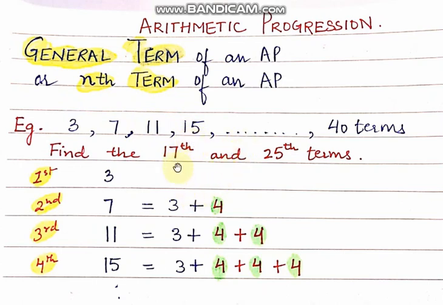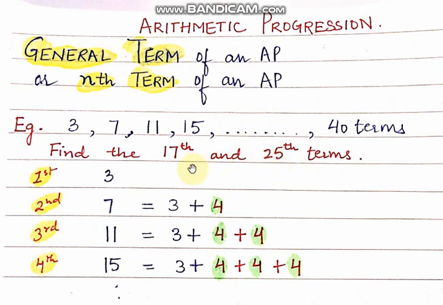If I ask you to find the 17th and 25th term, you will just take a couple of minutes and give me the answer, because you will keep on adding 4 to the succeeding terms, and in some time you will reach the 17th and 25th term. So it's not that difficult.